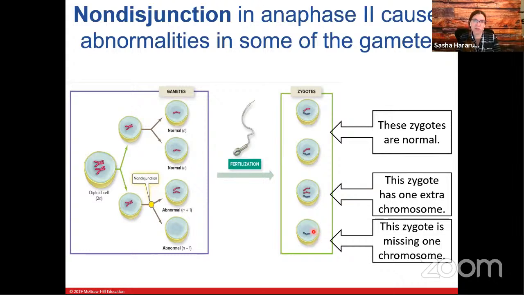So if the zygote does not have a chromosome or has an extra chromosome, basically the body is programmed to get rid of the abnormal cell. The embryo or the zygote would not develop into a viable embryo, and the body basically kills it.